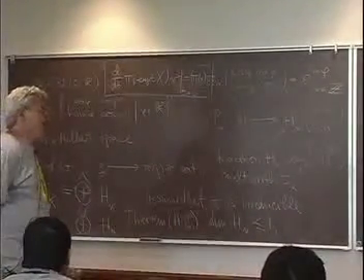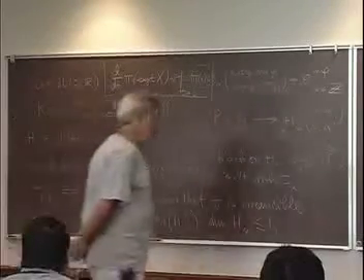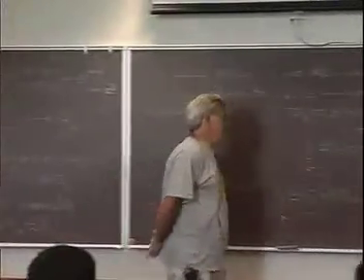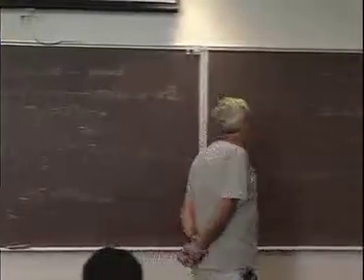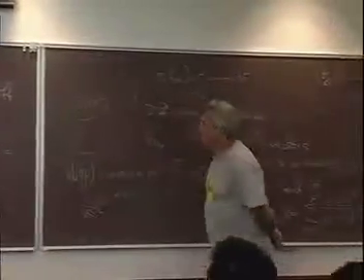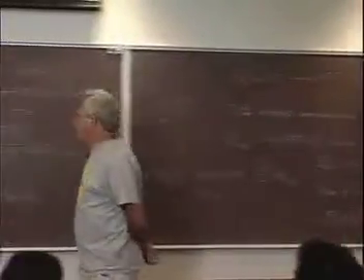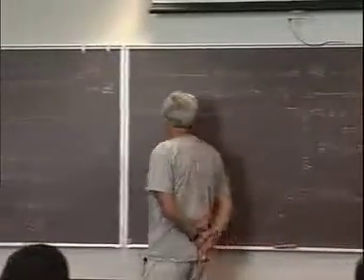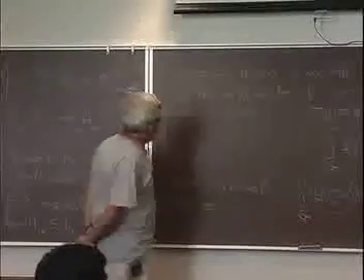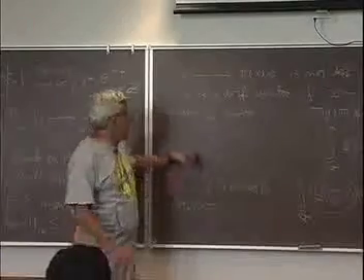Harishchandra did this in general in a very complicated way, but later there was a nice proof, which of course requires more work, and this is looking at the heat equation on the group.